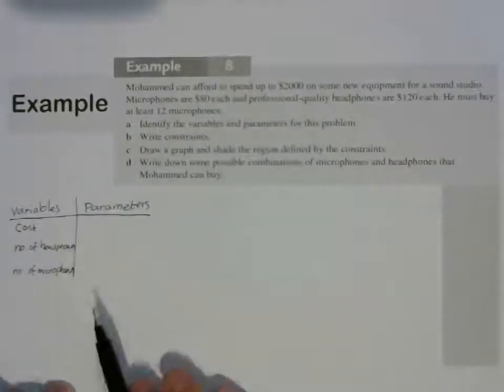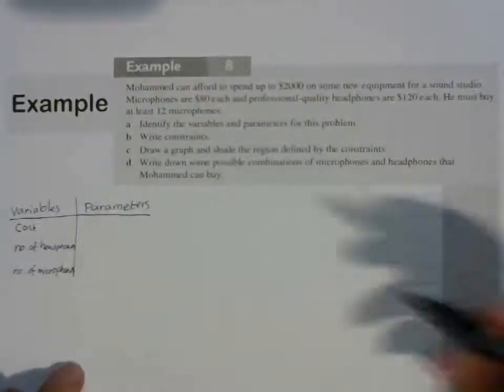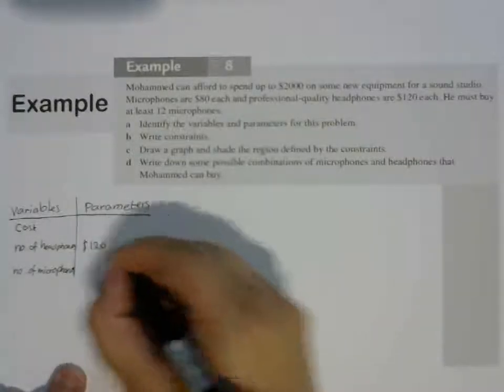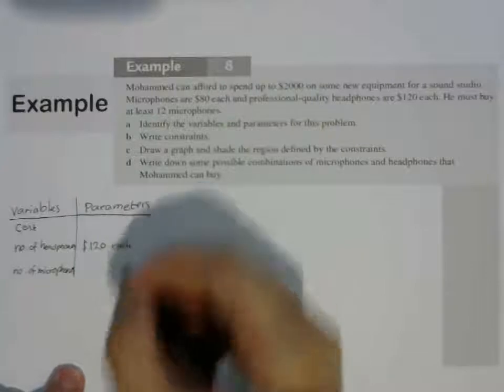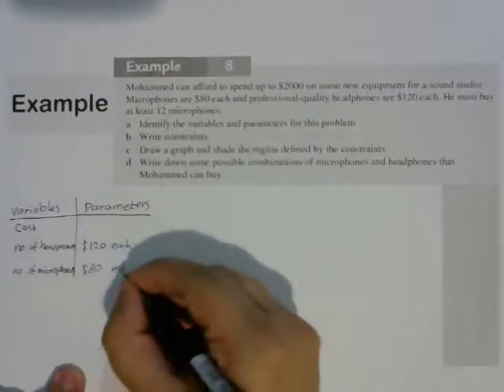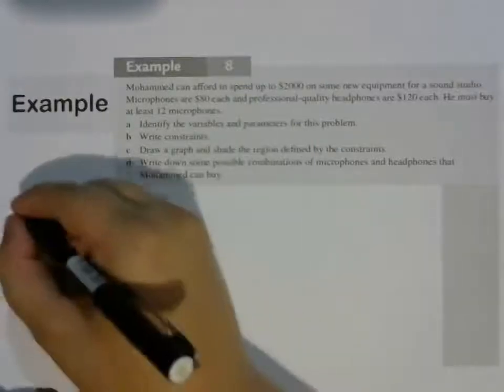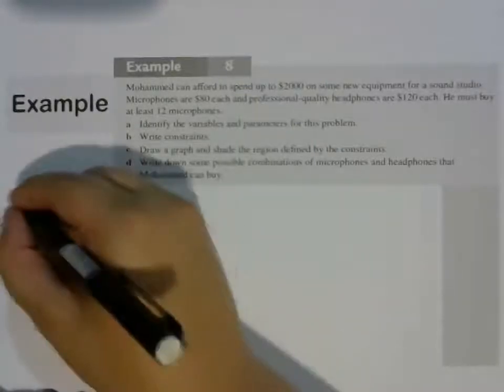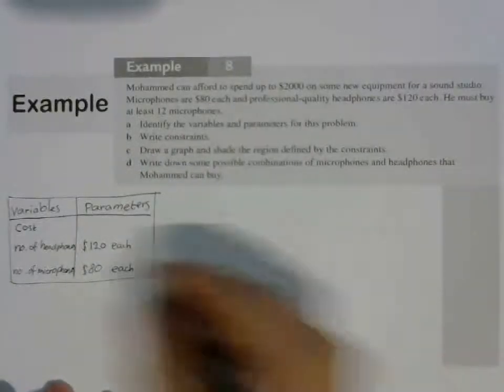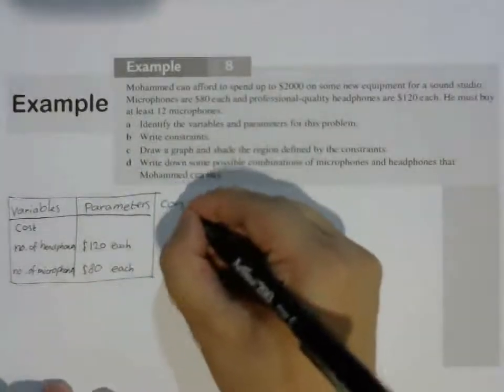The parameters attached to those will be the costs of both of those. So headphones are $120 each, while microphones are $80 each. Now we've also got some constraints.